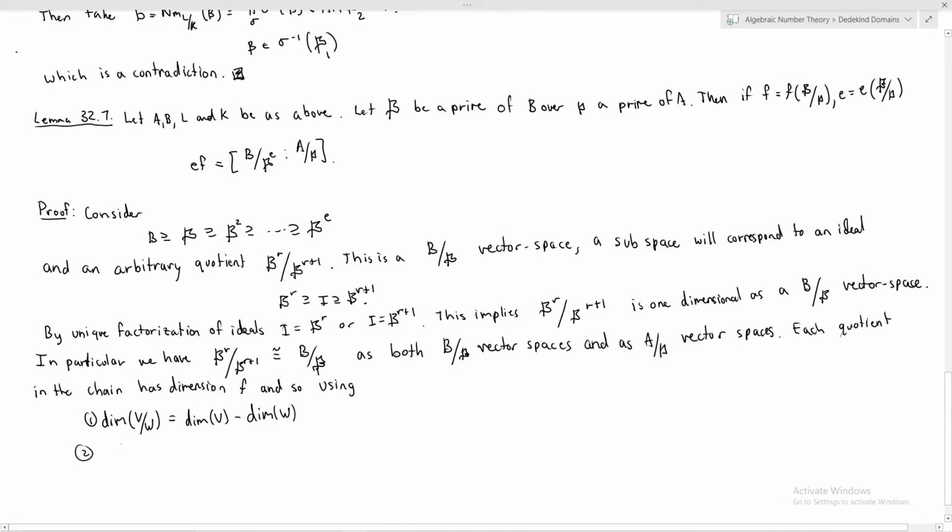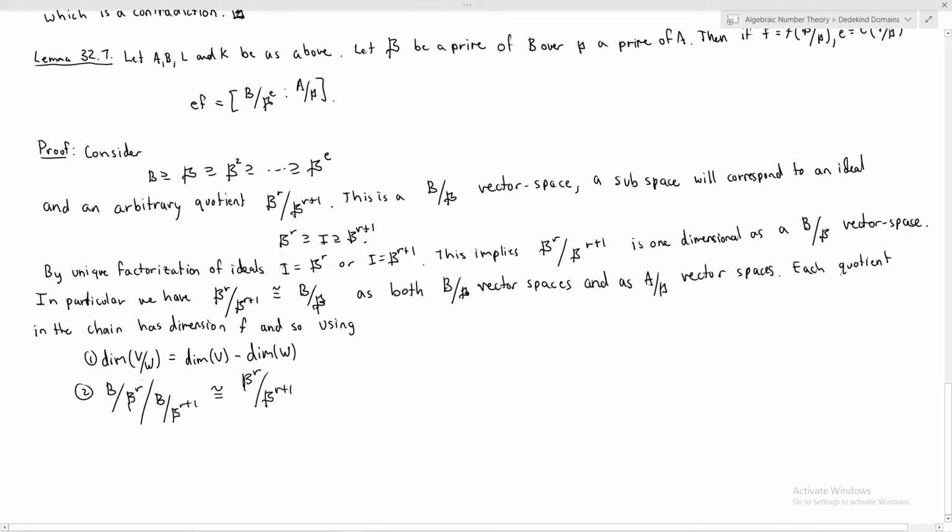And I think it's like the second isomorphism theorem: B mod P to the R mod B mod P to the R plus 1 is isomorphic to P to the R mod P to the R plus 1.